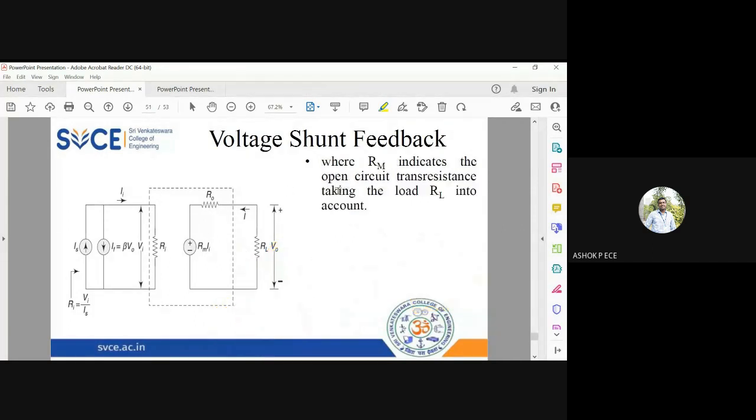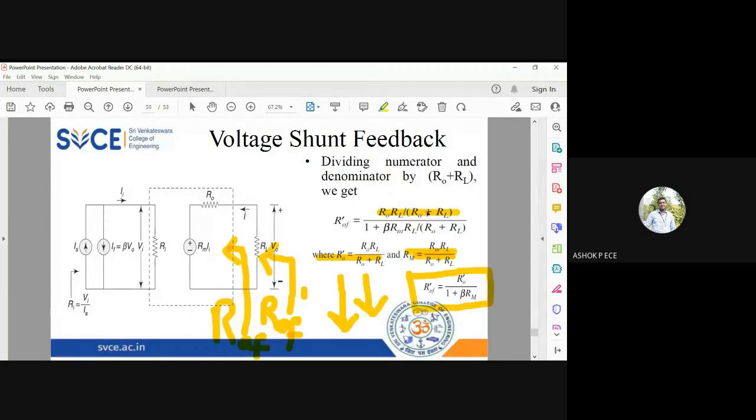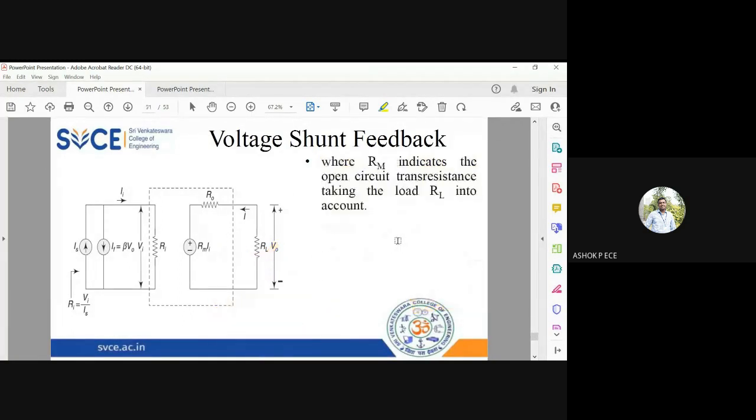it's going to be very, very difficult for you. And already we have told that RM is without considering load, and now R suffix capital M is considering load resistance into account. So R naught F dash and R naught F will be found for all amplifiers. Output resistance will be found in two variations, R naught F and R naught F dash. R naught F is excluding your load, which you are going to connect externally, and R naught F dash is including your load.